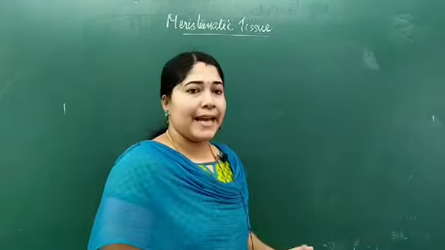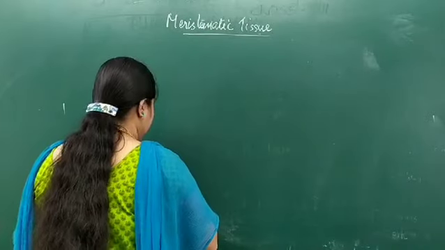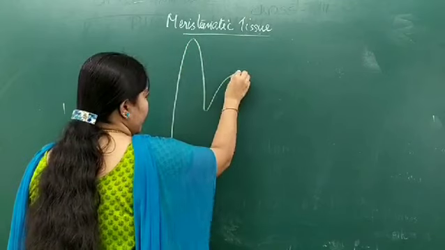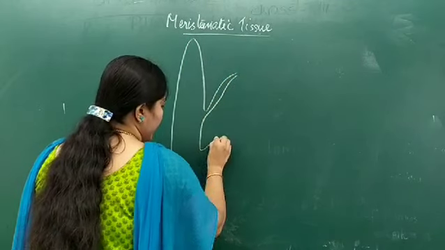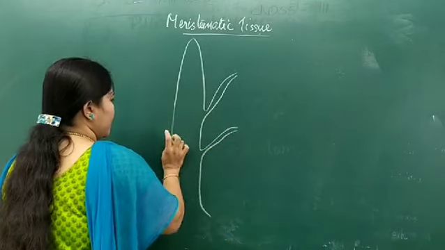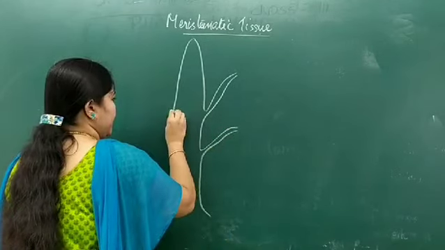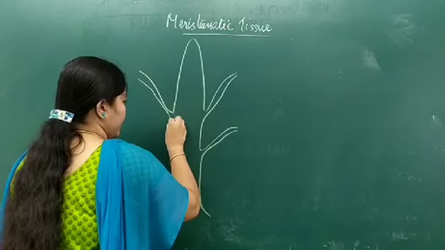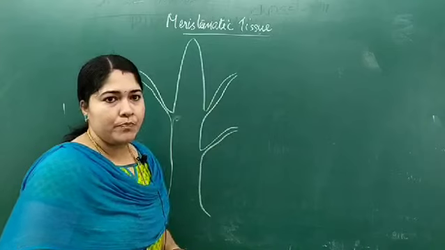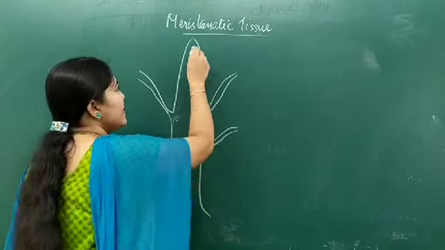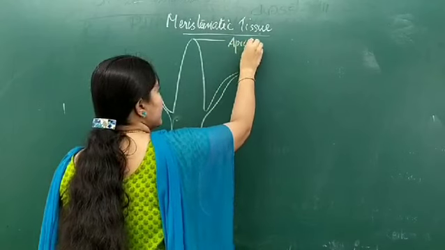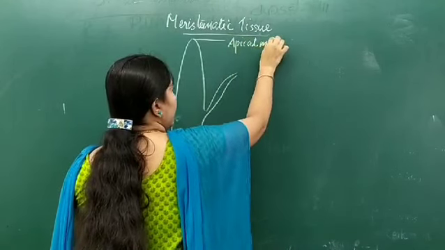We'll see what is apical meristematic tissue. Before that, I'll draw the diagram to explain for you. When we take a plant, it's just a section showing the different types of meristems, to show how the meristems are there. We'll take a portion of the plant tissue, and in this region we can see the apical meristem.